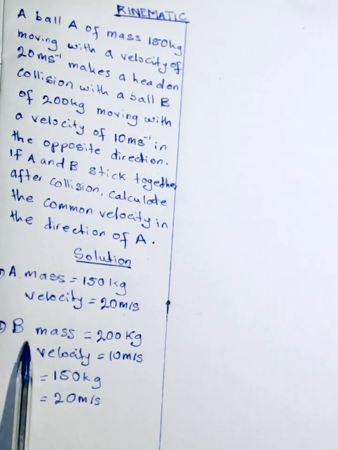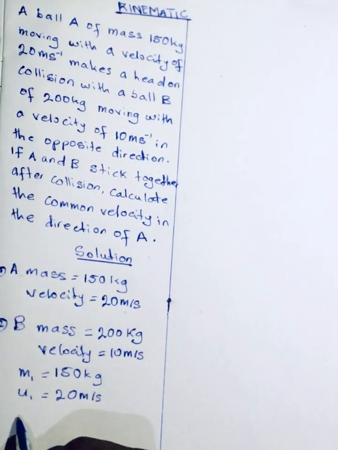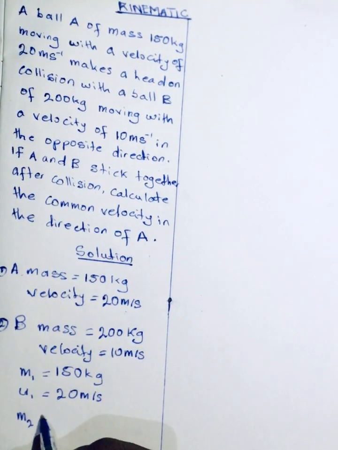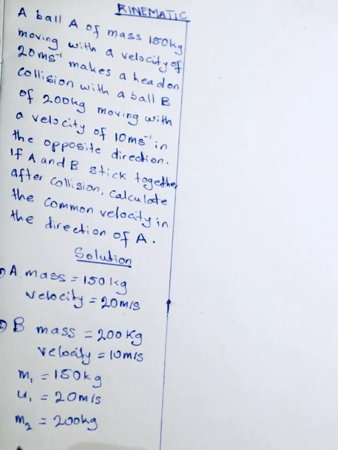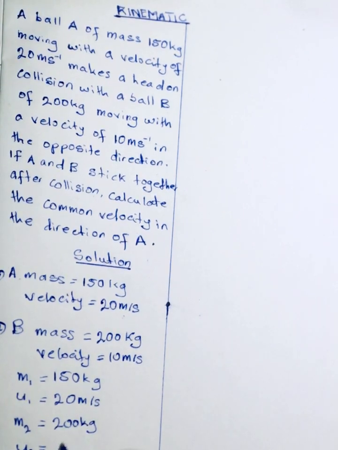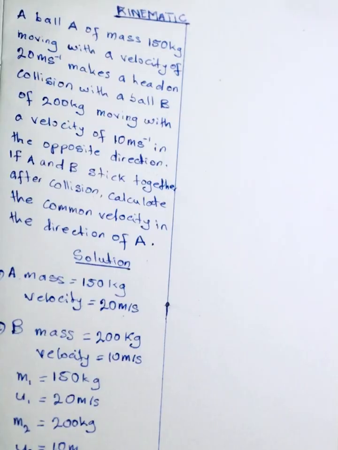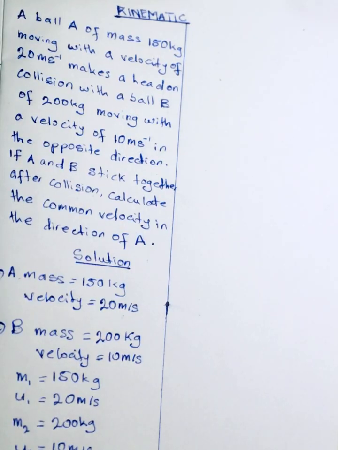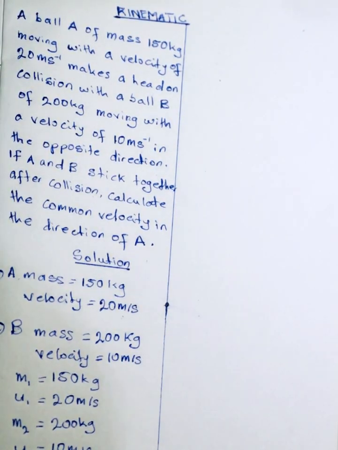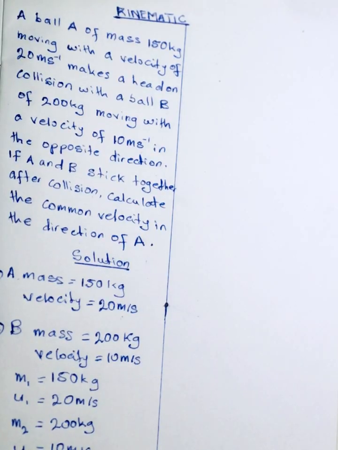And the body B, which is the mass 2, M2, is 200 kilogram, and the U2 is 10 meters per second.